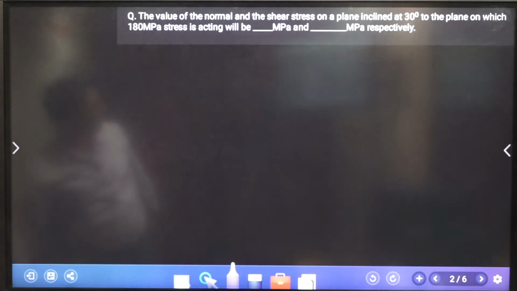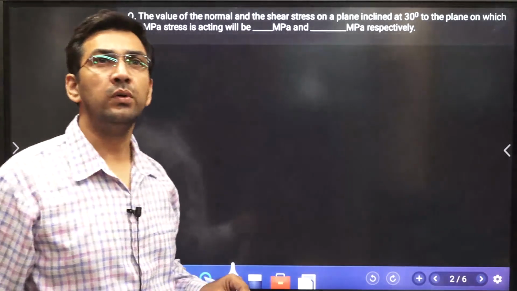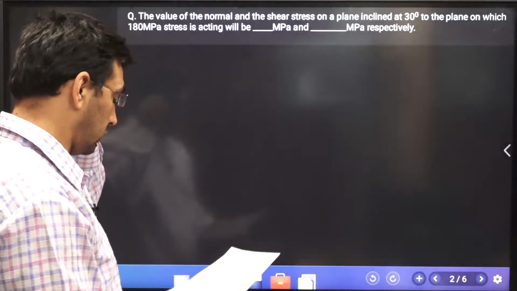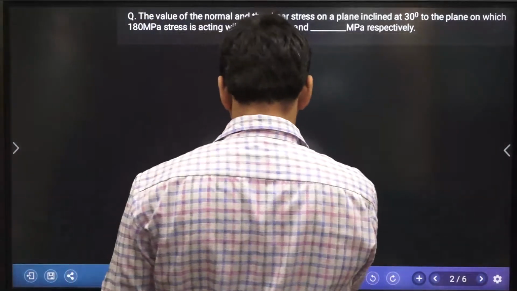Okay, so let me just show it to you. I hope it is clearly visible to you. Right. Okay. I am drawing this diagram. The state of stress which is given to you over here is something this way.